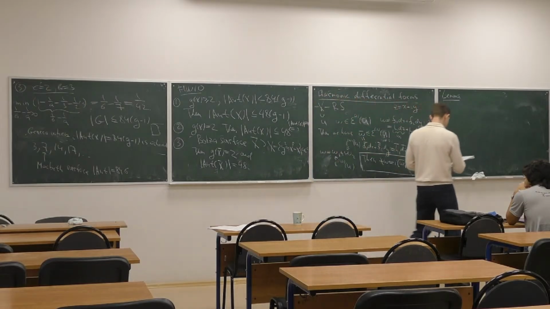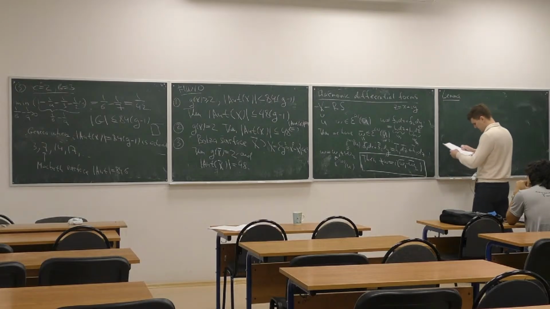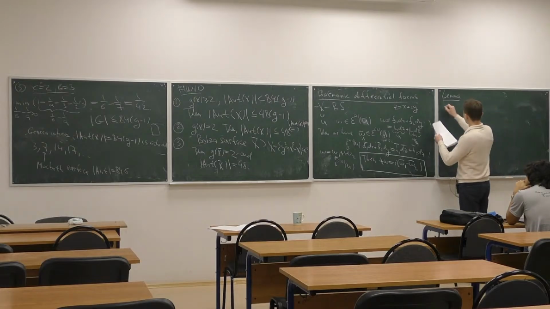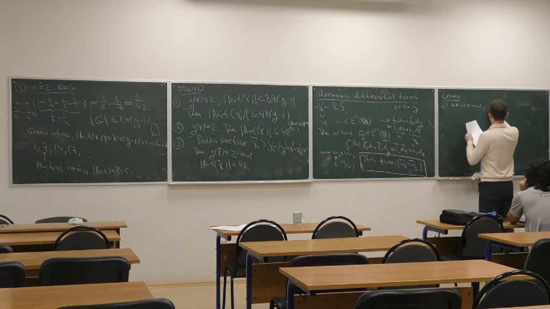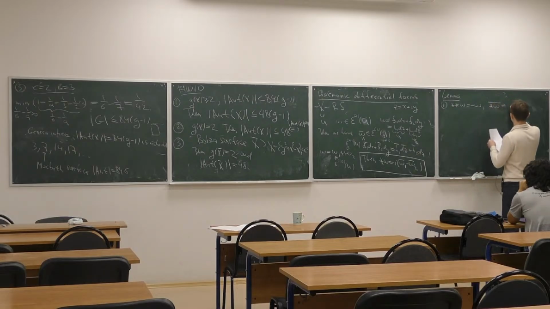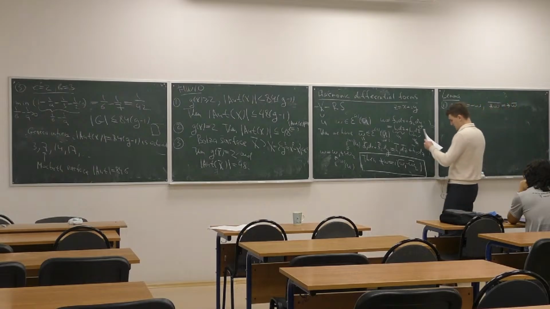Yeah, so you have the star operation, and then there are various simple properties. The first one says that star omega is equal to minus omega, and star omega bar is equal to star omega bar.